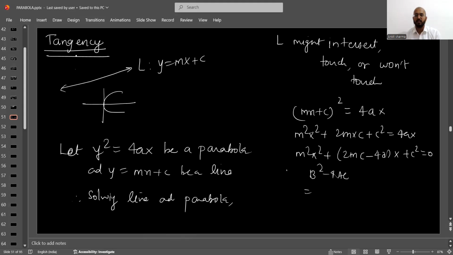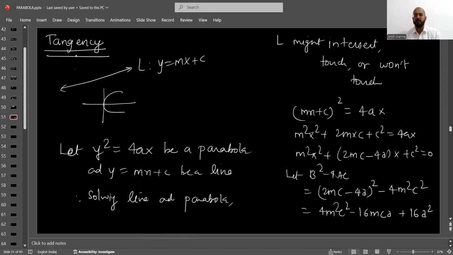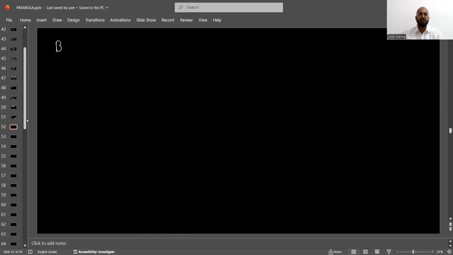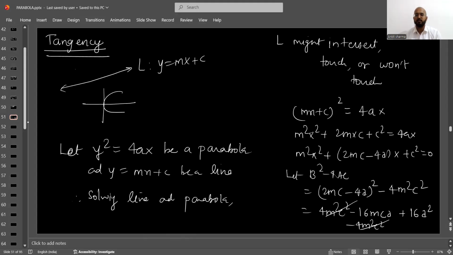This comes out to be (2mc minus 4a) the whole square minus 4m square c square. So open this thing: 4m square c square minus 16mca plus 16a square, and then minus 4m square c square. This also gets cancelled. So b square minus 4ac turns out to be 16a square minus 16mca.